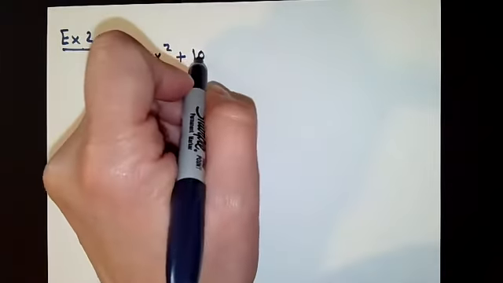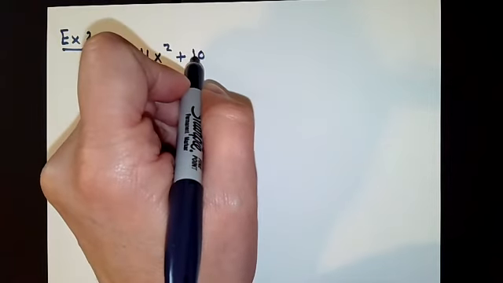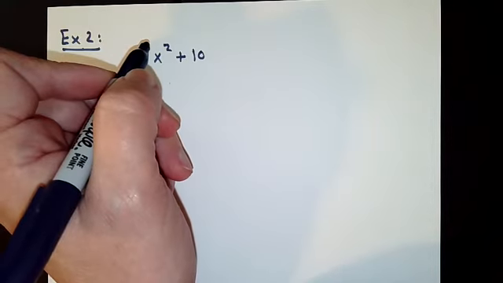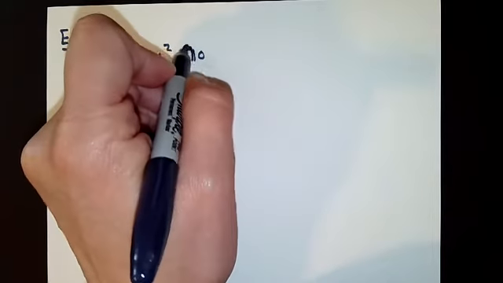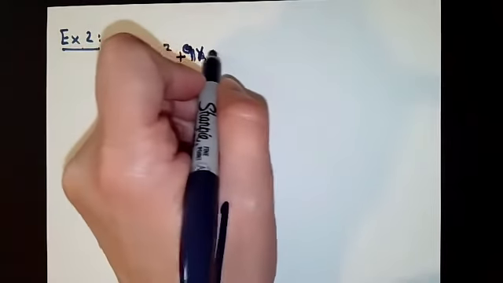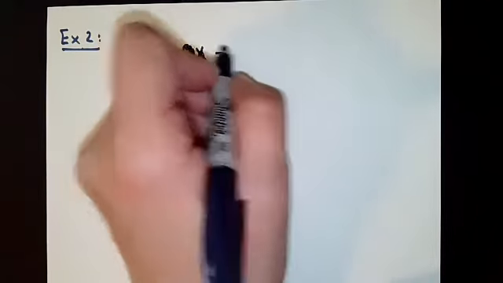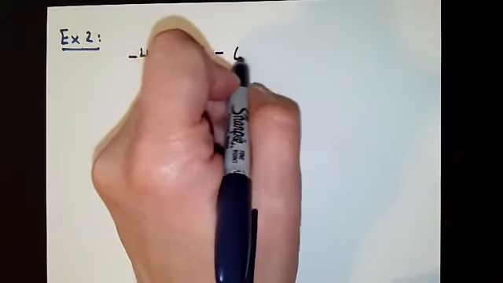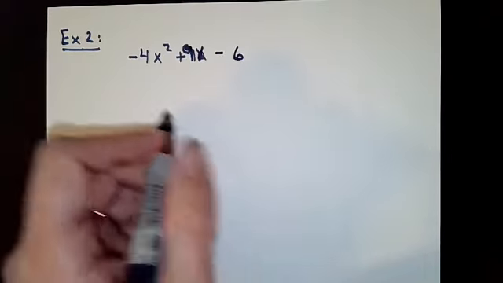Oh, let's do something more fun than that. Yeah, let's do a 9x. Oh, I like that, 9x. Can you read that? -6. I don't know, just making it up.